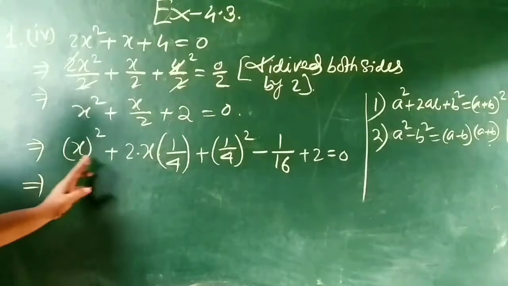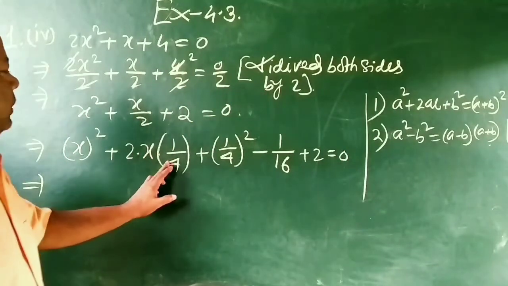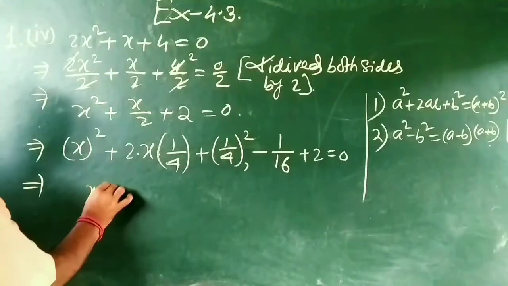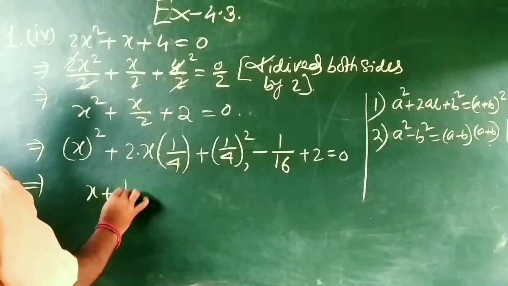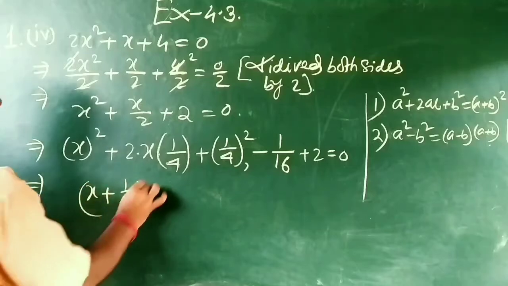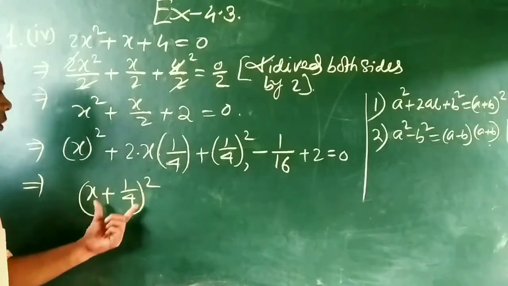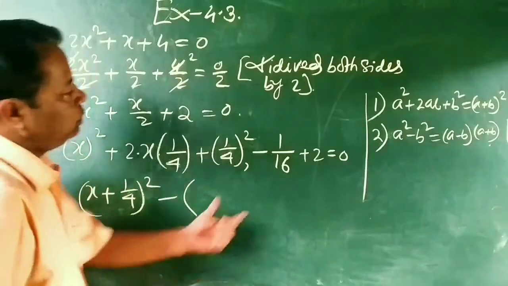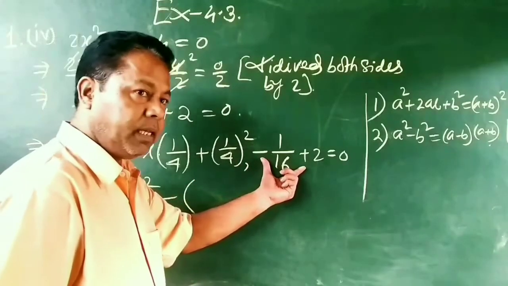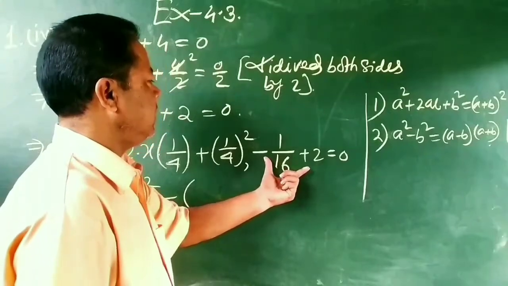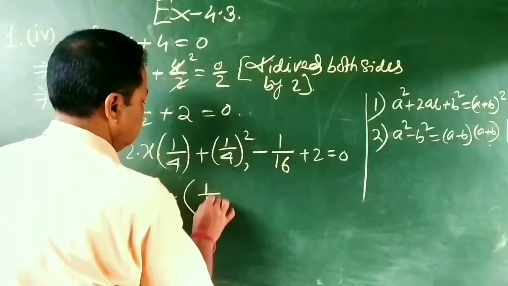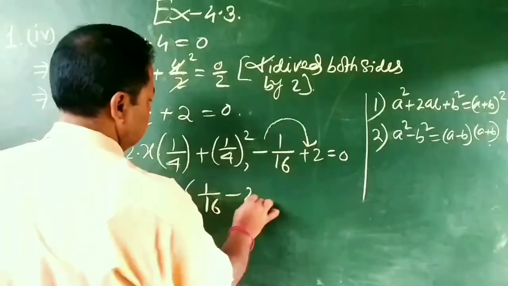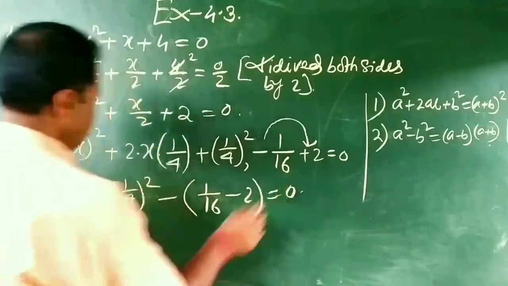Then a square plus 2ab plus b square, till this term we get a plus b whole square, where the b term is 1 by 4. That is x plus 1 by 4 whole square. The square is completed here. From the last two terms we take common minus. Then 1 by 16, plus into minus, minus 2 equal to 0.